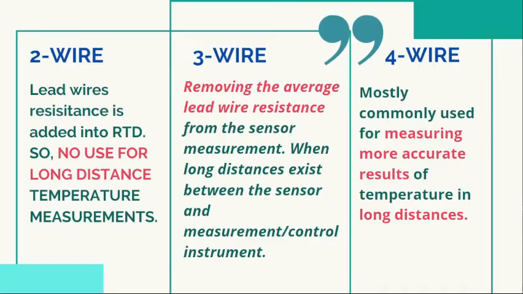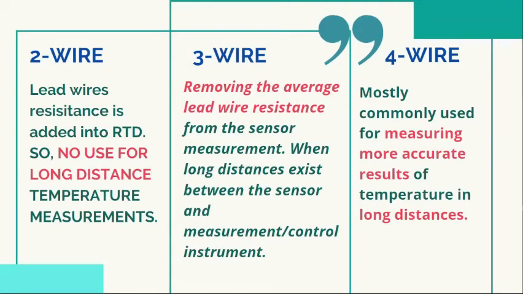So, in conclusion, the difference between 2-wire, 3-wire, and 4-wire RTDs: in 2-wire, lead wire resistance is added into the RTD, so it is not useful for long distance temperature measurements. The 3-wire RTDs remove the lead wire resistance from the sensor measurement when a long distance exists between the sensor and the measurement control instrument.